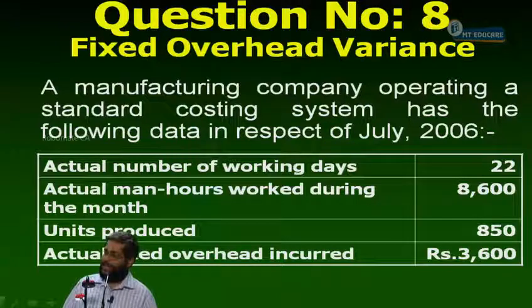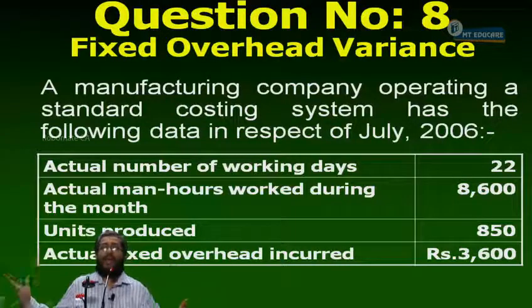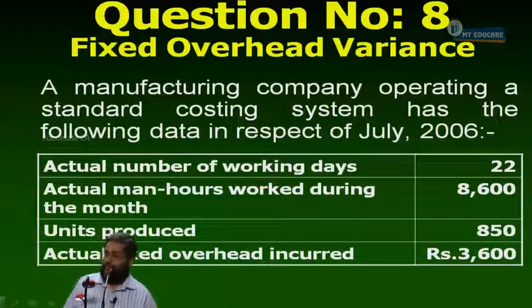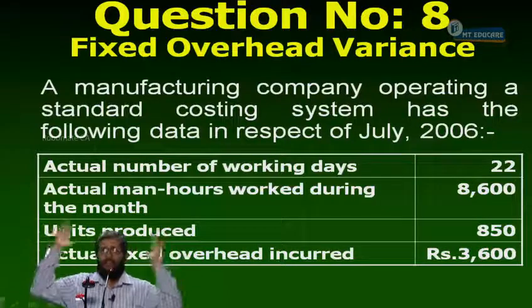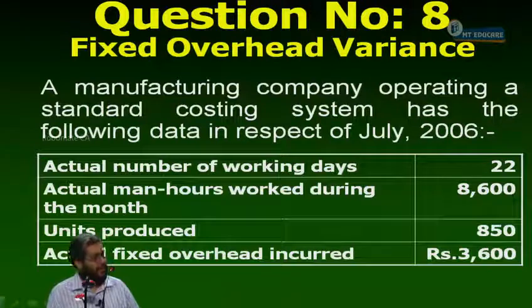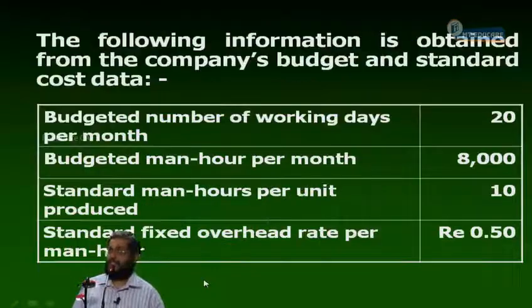Actual number of working days 22, actual hours 8,600, units produced 850, actual fixed overhead 3,600. What has happened? I worked in this month for how many days? 22 days. How many hours? 8,600. I produced how many units? 850. I paid how much fixed cost? 3,600. All these are actuals.